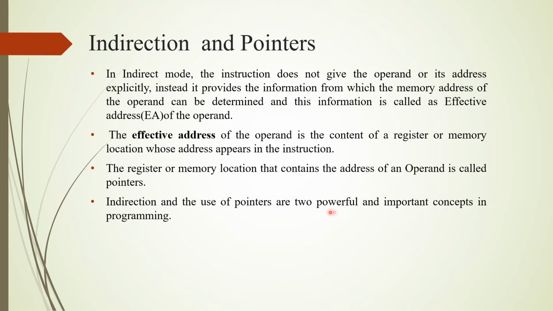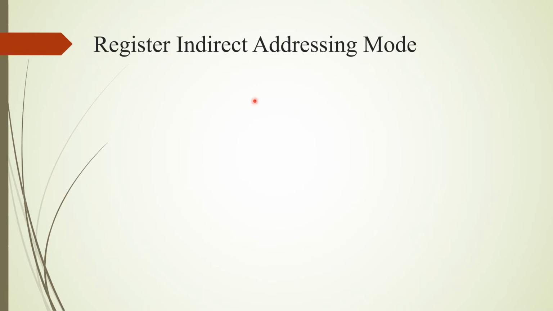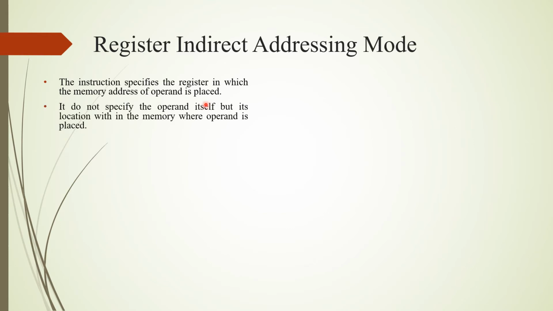Indirection and the use of pointers are two powerful and important concepts in programming. So coming to the register indirect addressing mode. Here the instruction specifies the register in which the memory address of the operand is placed.